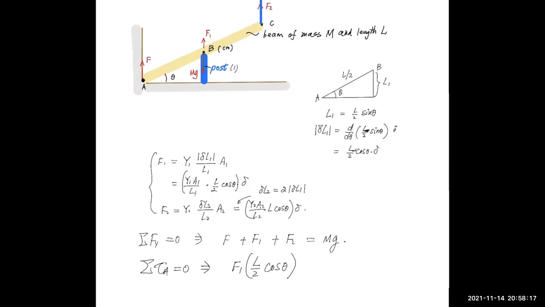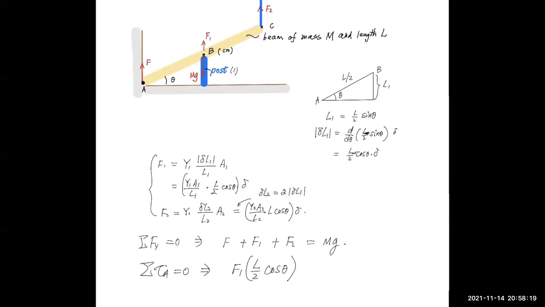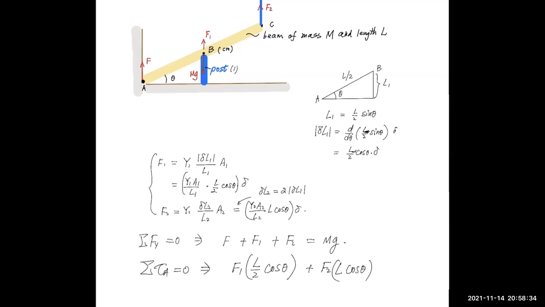Okay, and that is a counterclockwise torque, plus the torque provided by F2, which is also counterclockwise, and that is F2 times, this time it's L cosine theta, not half of L cosine theta, okay? Both are counterclockwise torques, and that equals the torque provided by the weight of the beam, which is mg times L/2 cosine theta, right?